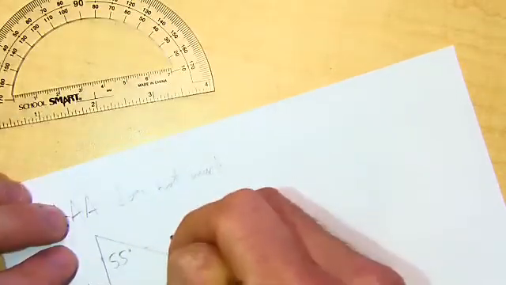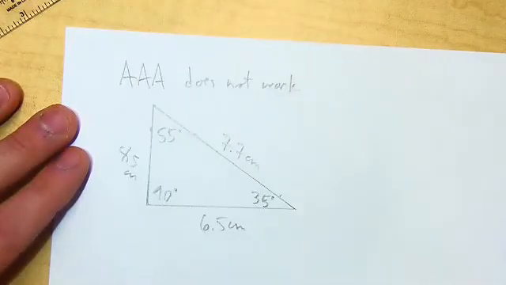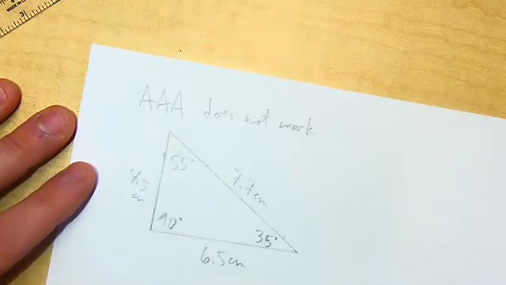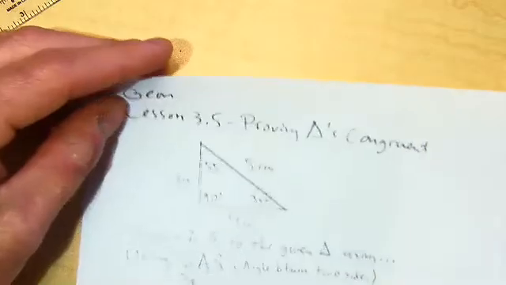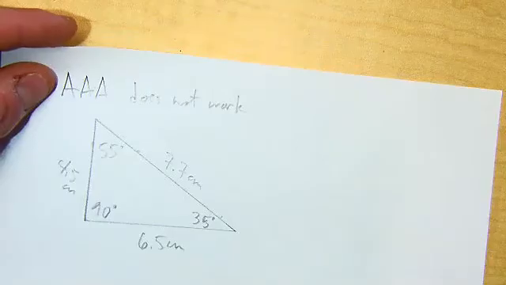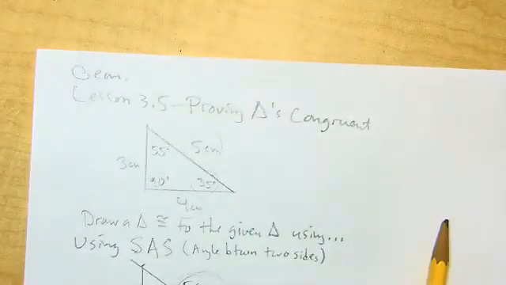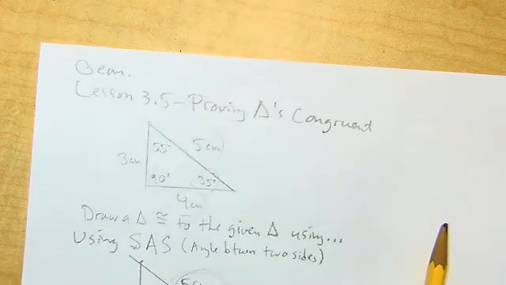I'm gonna say 7.7, something like that. So obviously that triangle is not congruent, not the same as this one. It's bigger, okay? So AAA does not work because the sides could be bigger or smaller, but the angles still are matching up, okay? So there's one of those on your assignment too. Okay, good luck on that, guys.